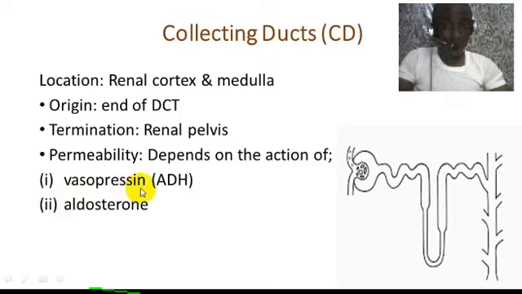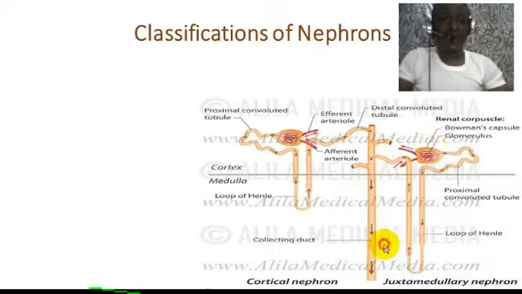If vasopressin is present, the collecting duct becomes impermeable to water, but permeable to solutes. But in the absence of vasopressin, the collecting duct becomes water permeable. That is, water can diffuse out of it, but solutes cannot. Solute is retained right there in the collecting duct. Okay.